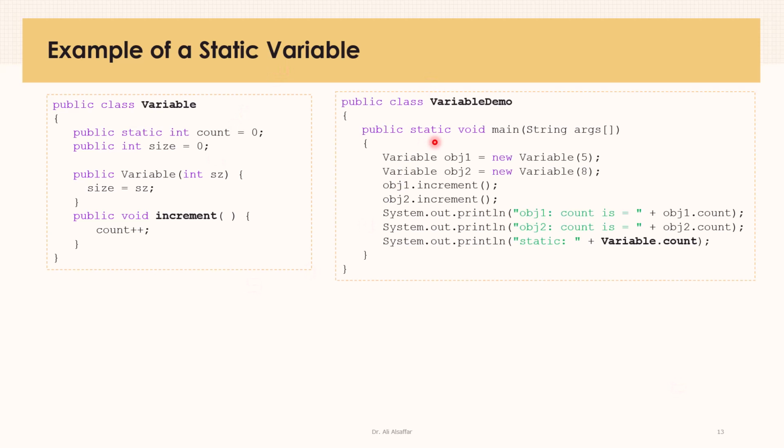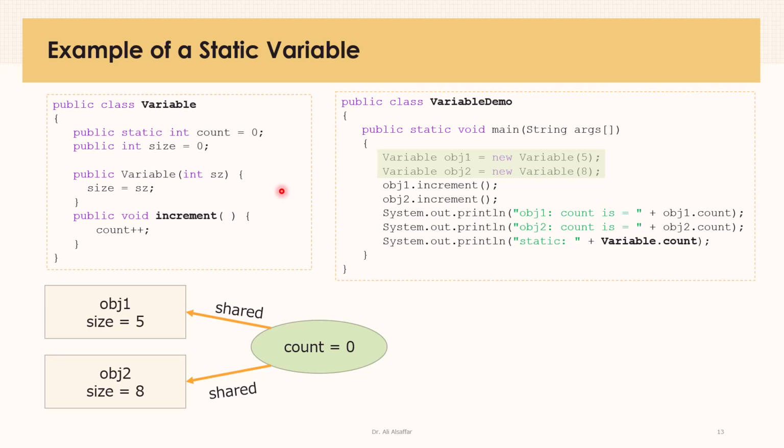As an example, suppose we have created two objects from the variable class in a separate class which is used as a demo class. The first object initializes size to 5. The second object initializes size to 8. Remember that size is an instance variable. So when you create two objects, there will be two different copies, one in each object.